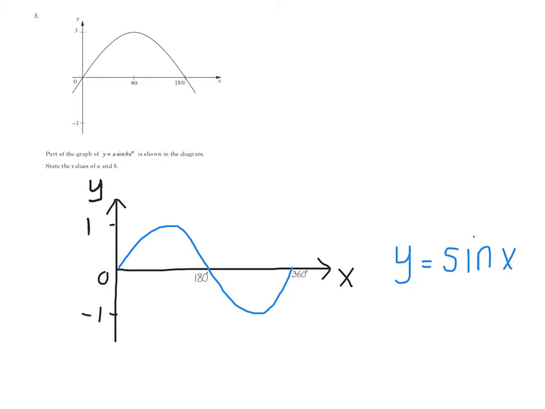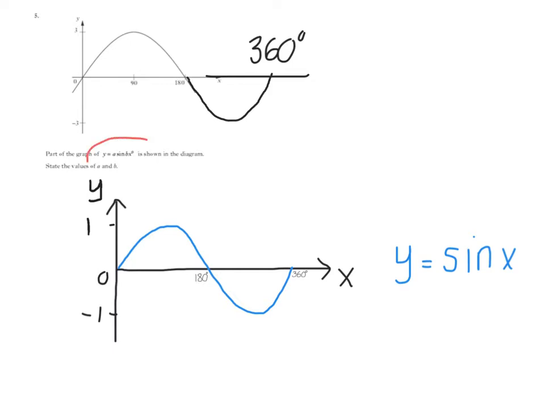So what that means for our graph is if we were to complete this first cycle, then the graph would finish up at the same point, 360 degrees. So our graph has the same period as the graph y equals sine x.